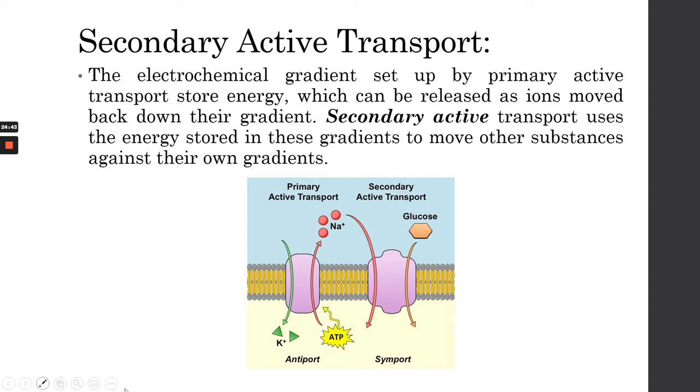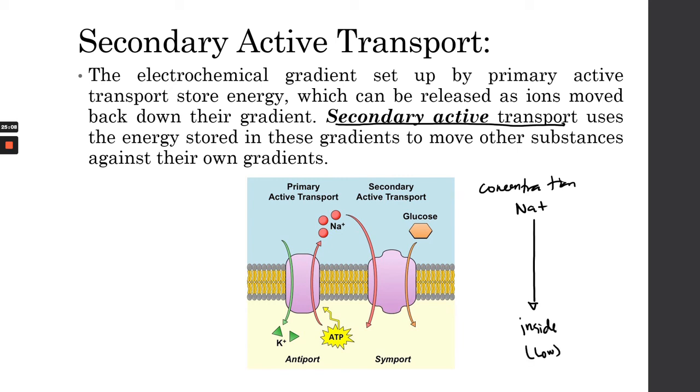Okay, so this is what we call now a secondary active transport. Secondary active transport is because, according to the concentration gradient, Na would want to go inside the cell kasi mas konti yung concentration niya dito and high yung concentration niya dito.